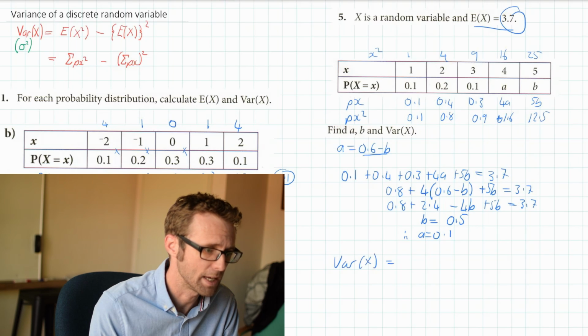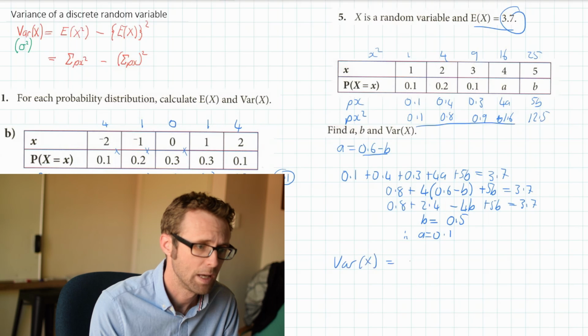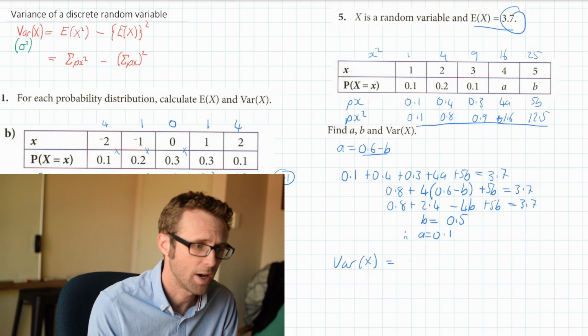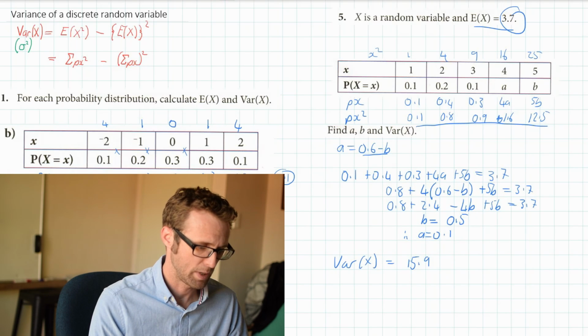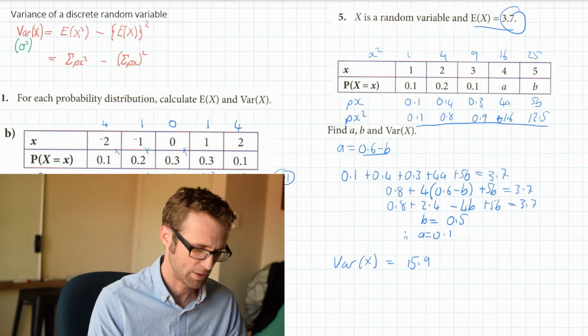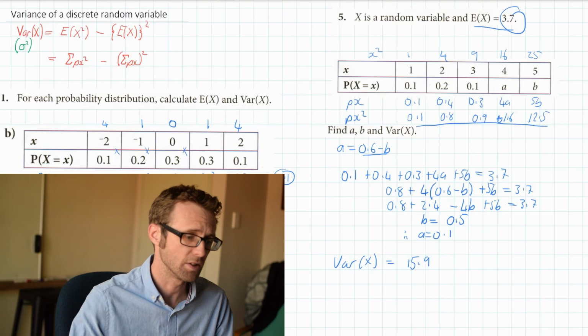the sum of x squared p(x). So I'm going to add all of this line here. So what do I get? 12.5, 13.5, 14.3, 14.9. I think it's 15.9. Let me just do a quick check on the calculator. 0.1 plus 0.8 plus 0.9 plus 1.6 plus 12.5. 15.9 is correct.